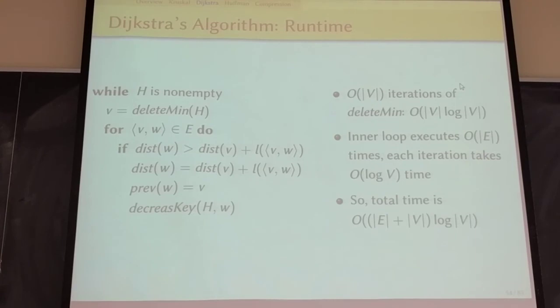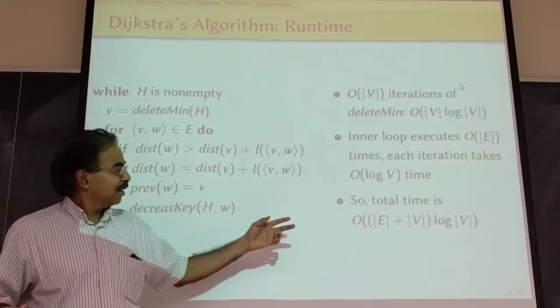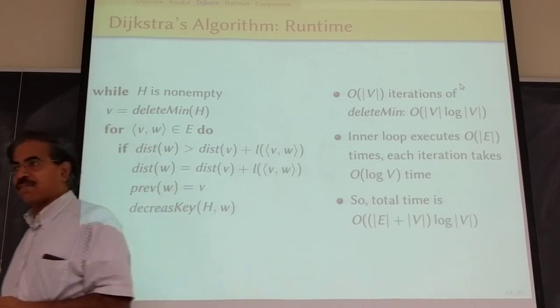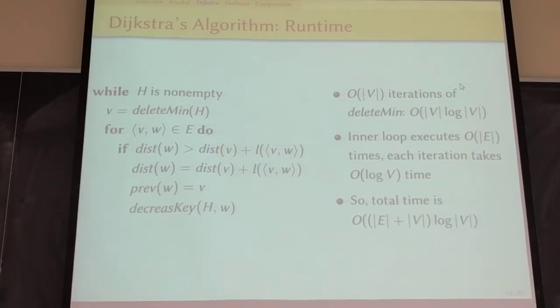I mean, if you didn't know anything about shortest path algorithms, and you're asked to find the shortest path from one source to every destination in the graph, of course, you're going to spend E time because you probably have to look at every edge. But to only have a factor of log V after that, right? That is quite remarkable. So it's actually a surprisingly efficient algorithm, right?